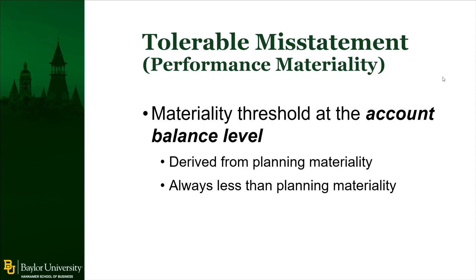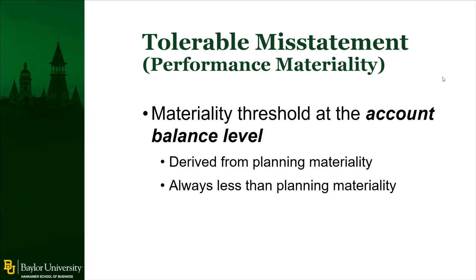Something that's really important for you to keep in mind is that the sum of our tolerable misstatement for each account, when we add it all together, is going to be greater than our overall materiality amount.